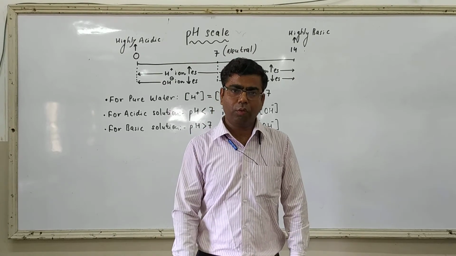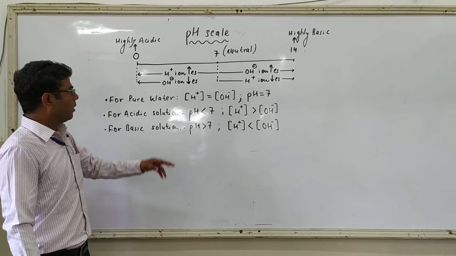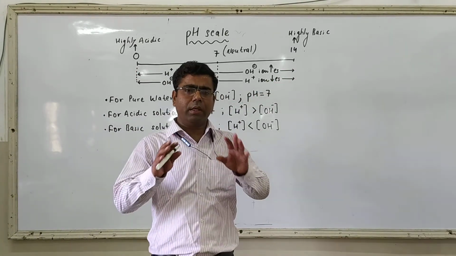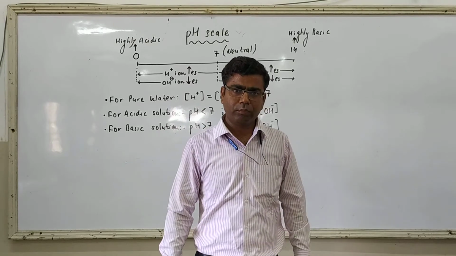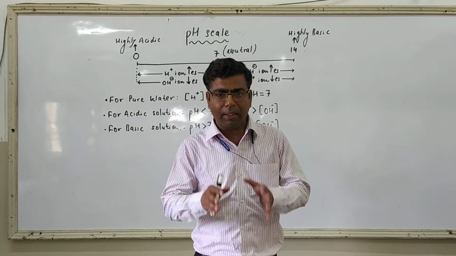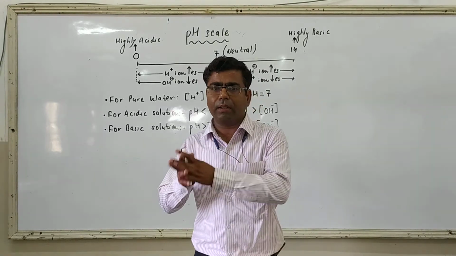The value for pH scale ranges between 0 to 14 for any given solution, and this value is totally decided by the presence of H plus ion in the given solution.